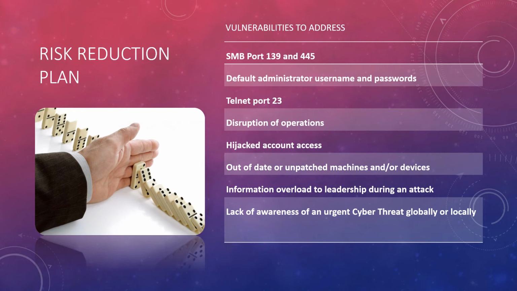And so we want to make sure we're vigilantly and consistently applying patches to machines and or devices, remove devices off the network that are non-compliant within 24 hours, and give them a remediation plan to give them an opportunity to comply within 72 hours.